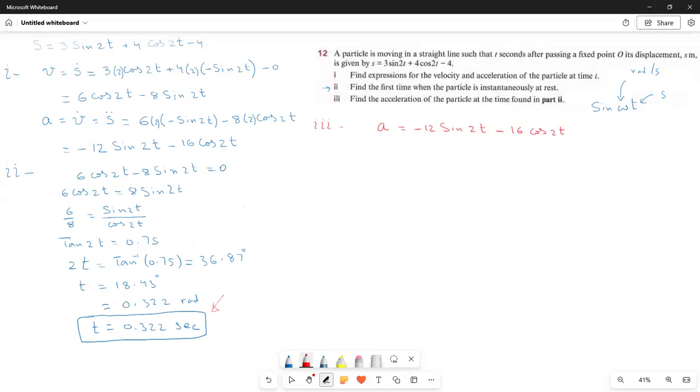So my answer would be minus 12 sine, now 2t is given by this expression. This is 2t, remember?